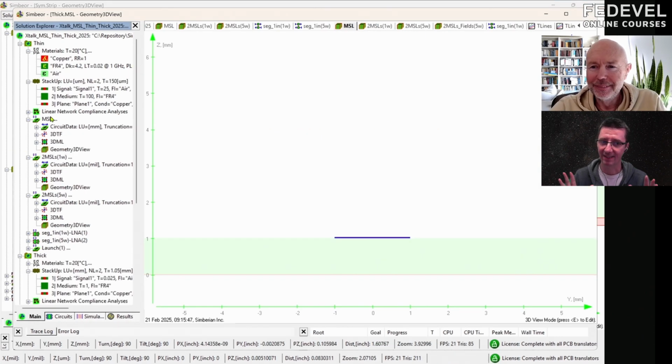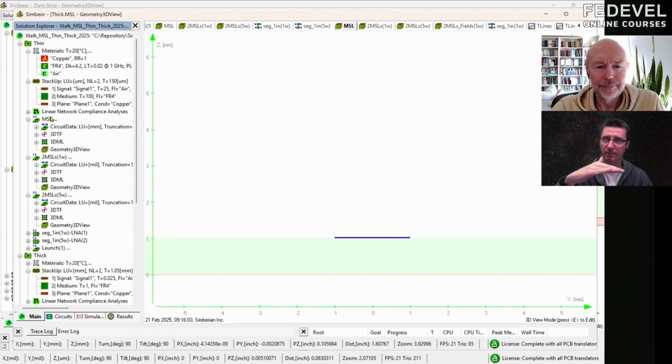So we will start with a very simple example. Two-layer PCB. Two-layer PCB means it has a track on the top layer. Then very far away there is a ground plane, or second plane, which is called the reference plane.